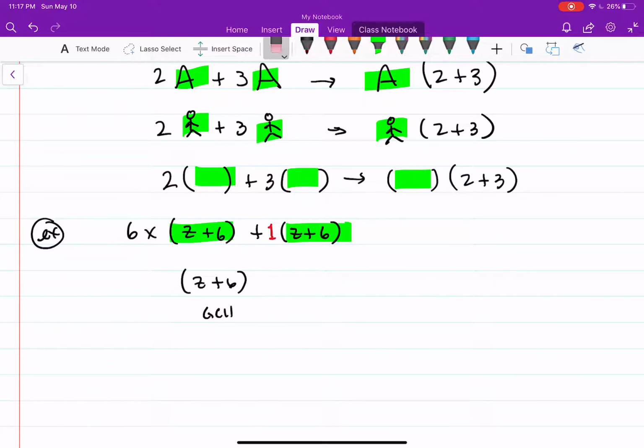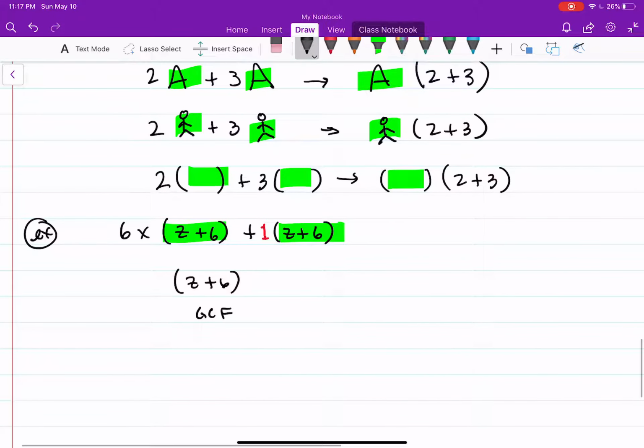Not GCH, but GCF. Okay? Well, what's left? If you look at what's left, from what I highlighted, it's going to be this and this, which is 6x plus 1. Okay, so this is what's left.